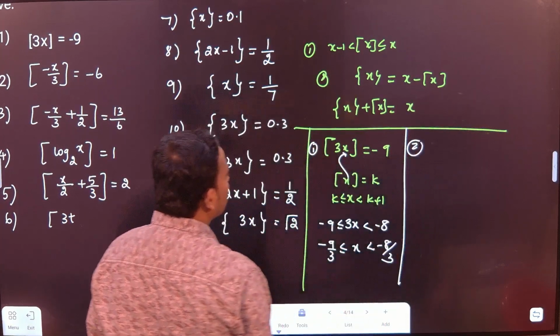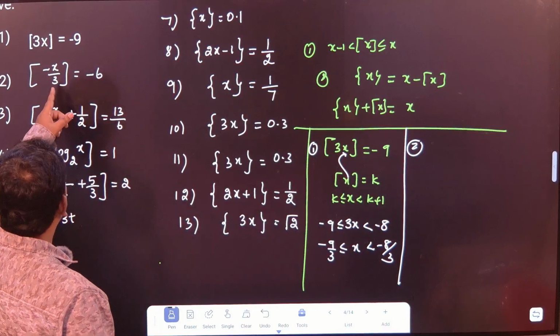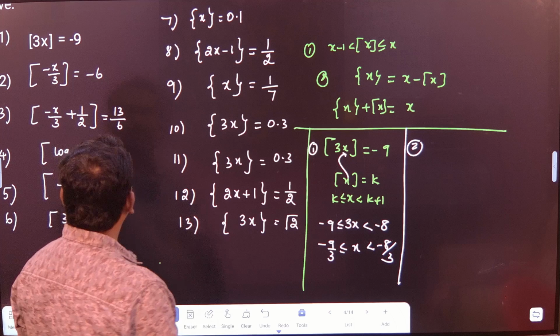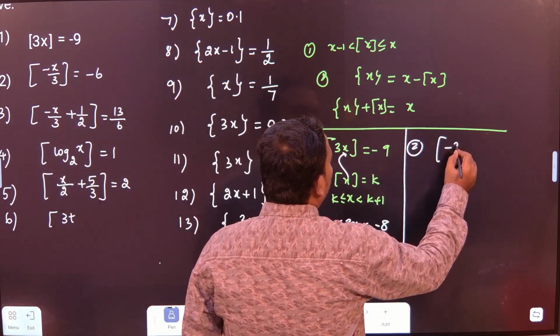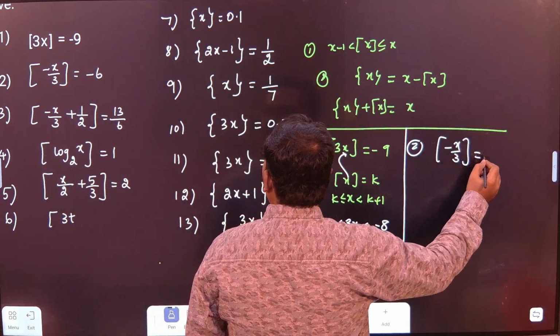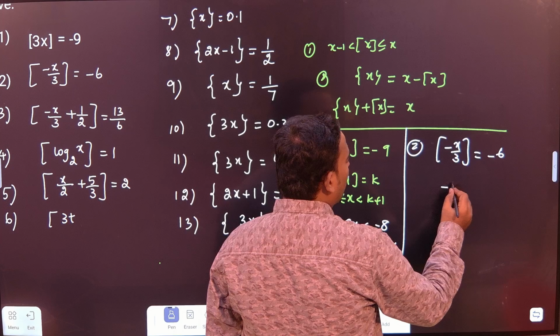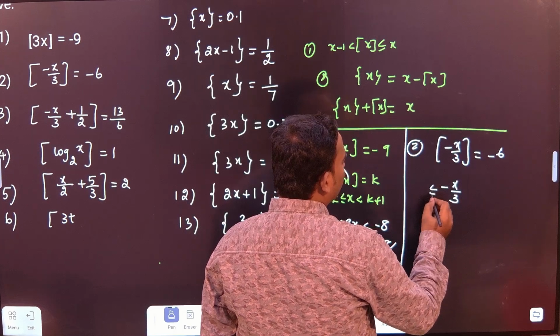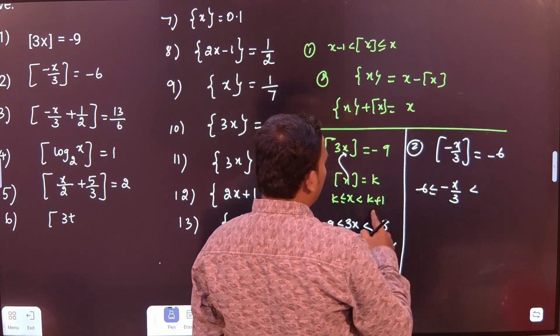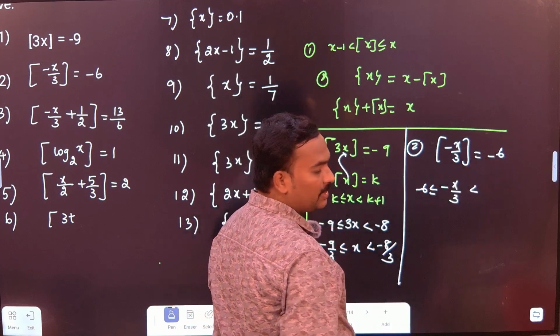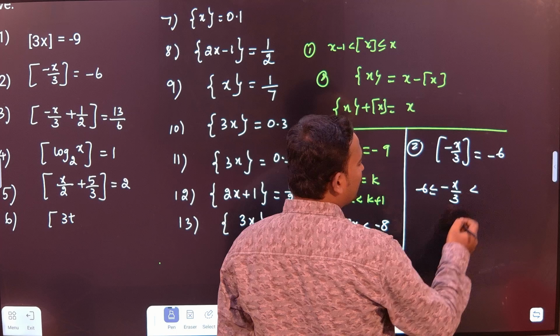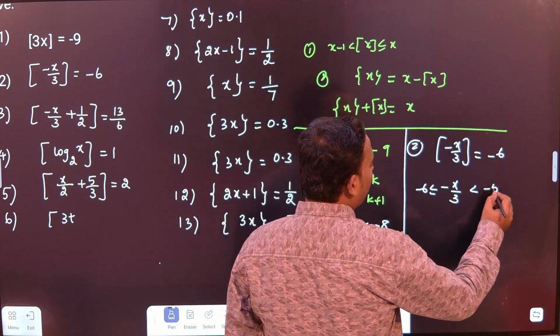This is your first one. What is the second one? The greatest integer function of minus x by 3 is equal to minus 6. By definition, minus x by 3 is from minus 6 to minus 6 plus 1, which is minus 5.